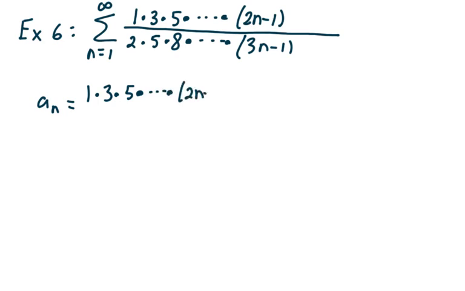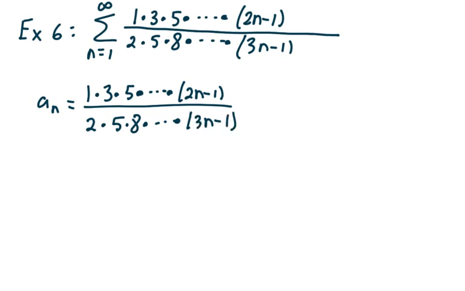times (2n minus 1) divided by 2 times 5 times 8 times ... times (3n minus 1). Okay. Now I'm going to do a sub n plus 1. So I'm going to go all the way up to 2n minus 1, and then I'm going to tack on the next term over.